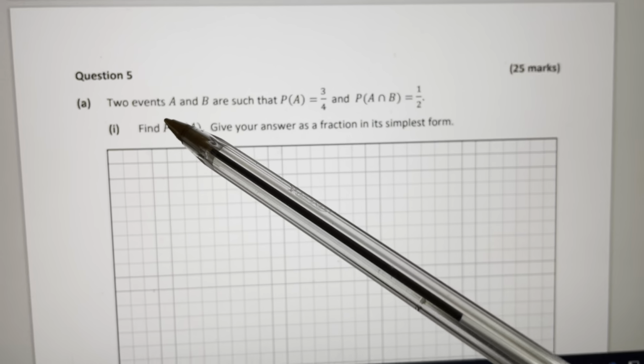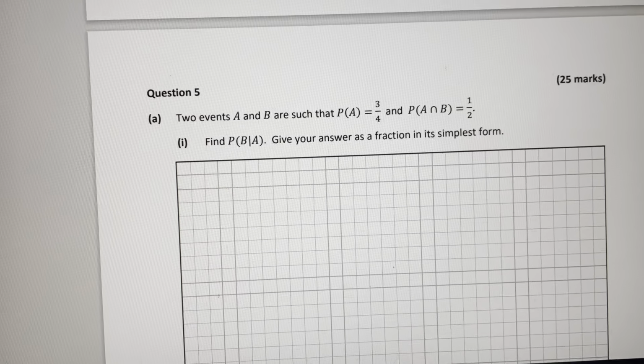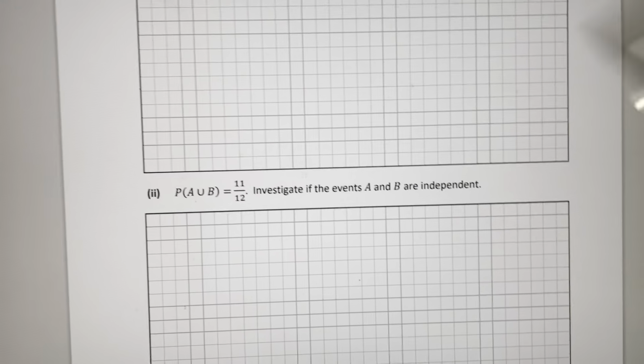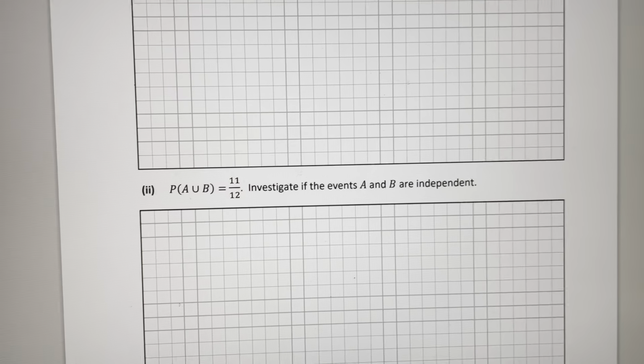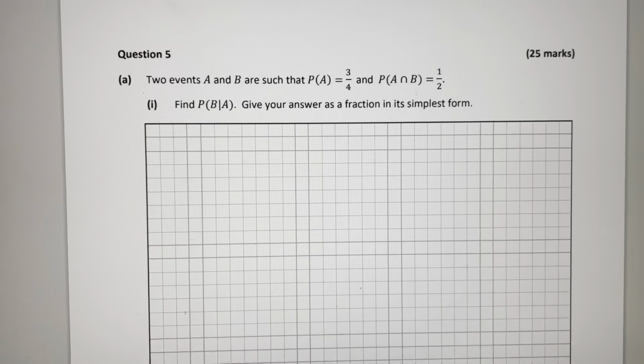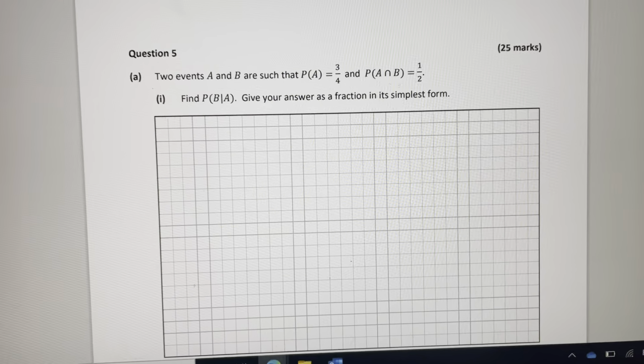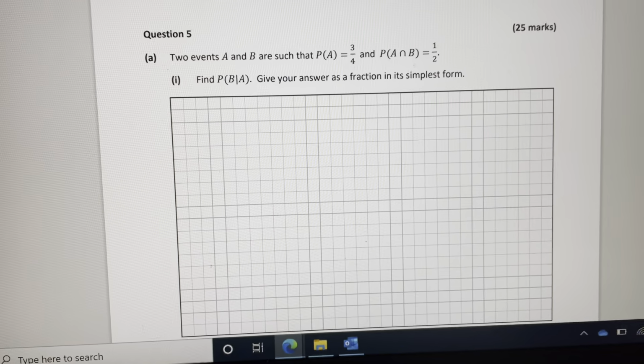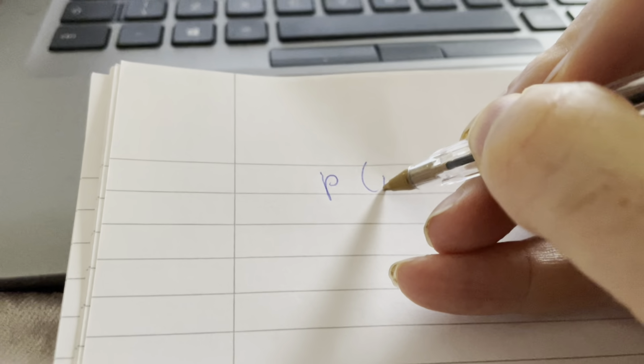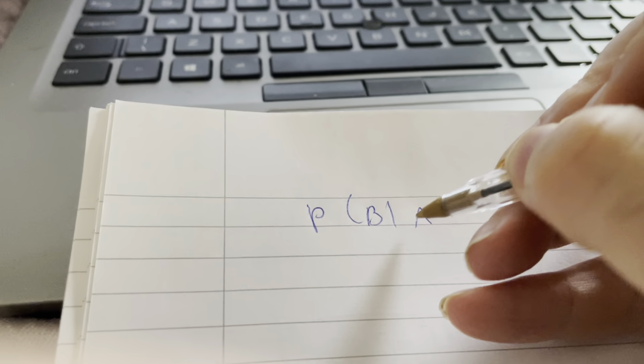So it doesn't matter at this point, but they will bring it in later, and it's kind of inevitable, you know that. So investigate if the events are independent later. You just leave that aside for the moment, and we'll work in the general case, which you have to. So find the probability of B given that A has happened.